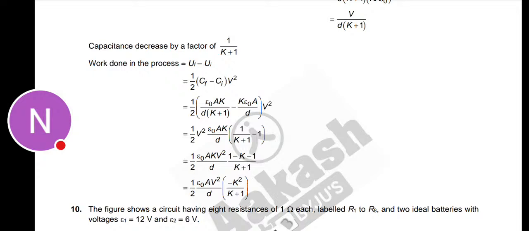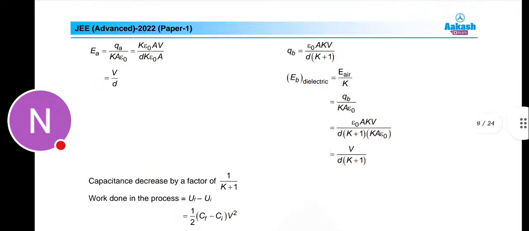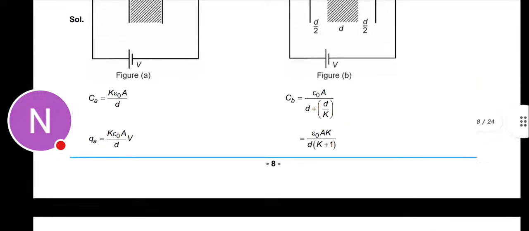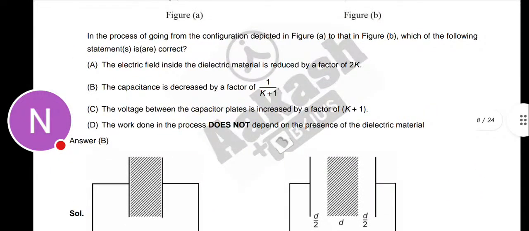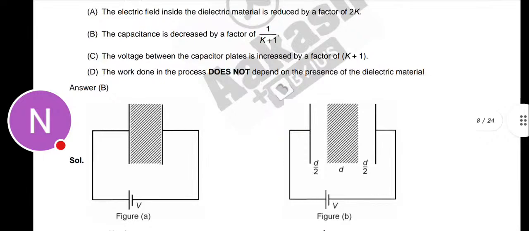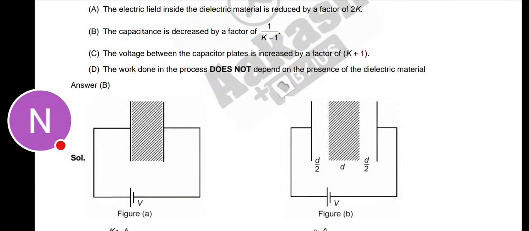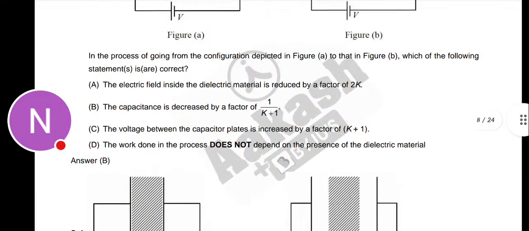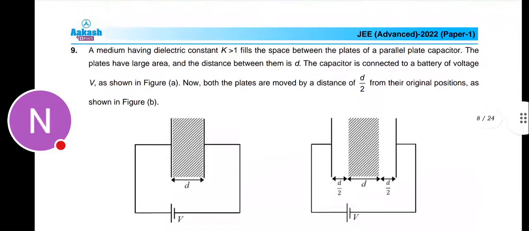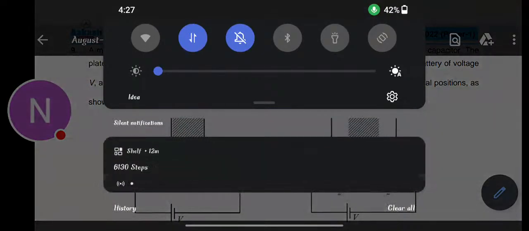After evaluating this formula, the value we get is 1 by 2 epsilon naught A V squared by d into minus K squared by (K plus 1). Therefore the capacitance is decreased by a factor of 1 by K plus 1 is the answer for question number 9.